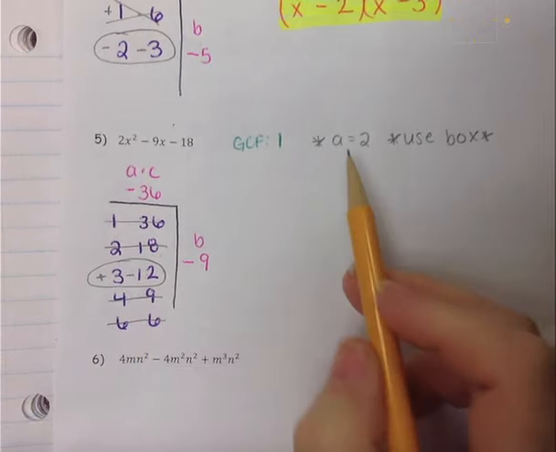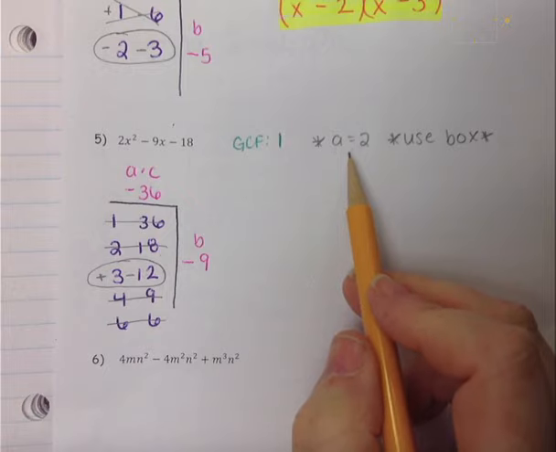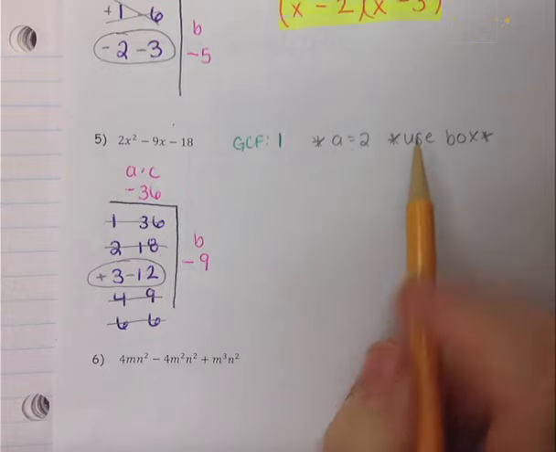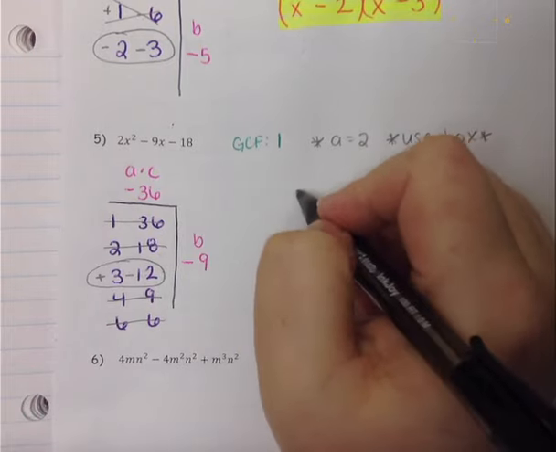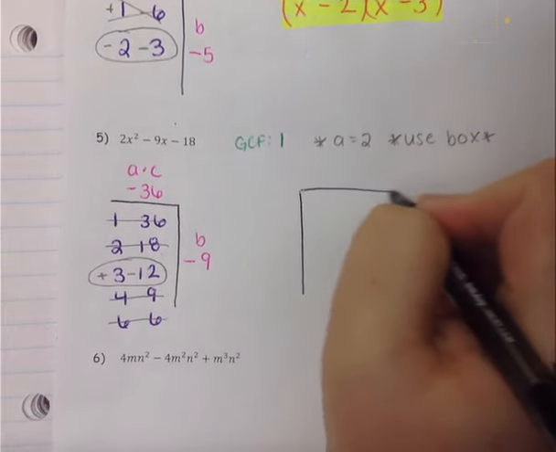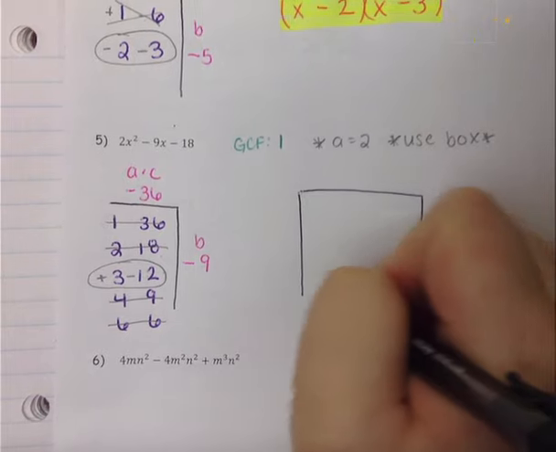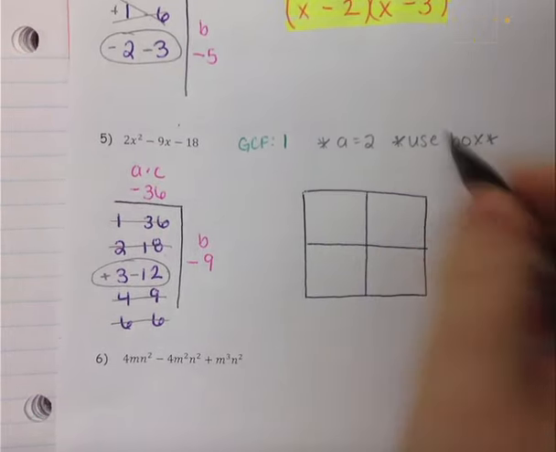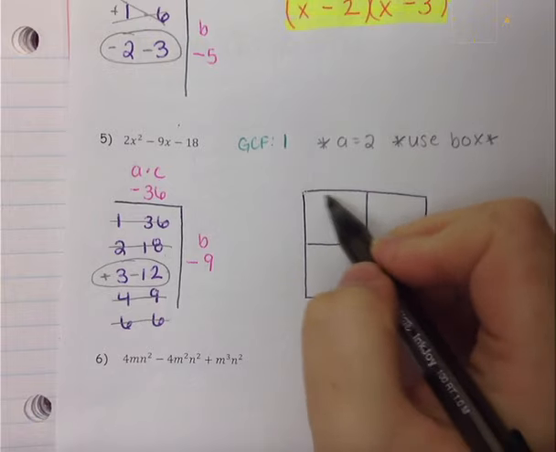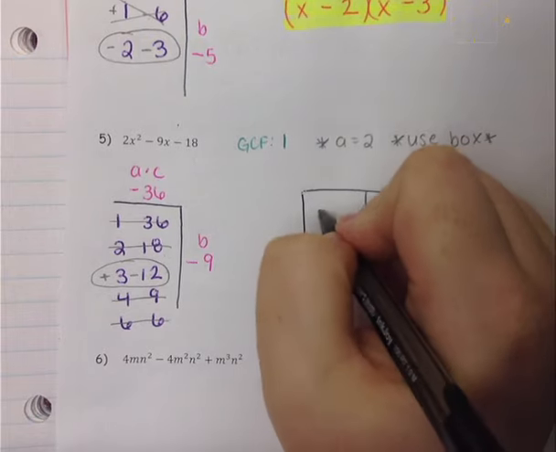And again, because A was 2, we have to use the box, the entire box. We cannot just put these straight into our answers. So we draw out our grouping box. Since our GCF was 1, we can put our original ax squared value inside of here. So we'll have our 2x squared.